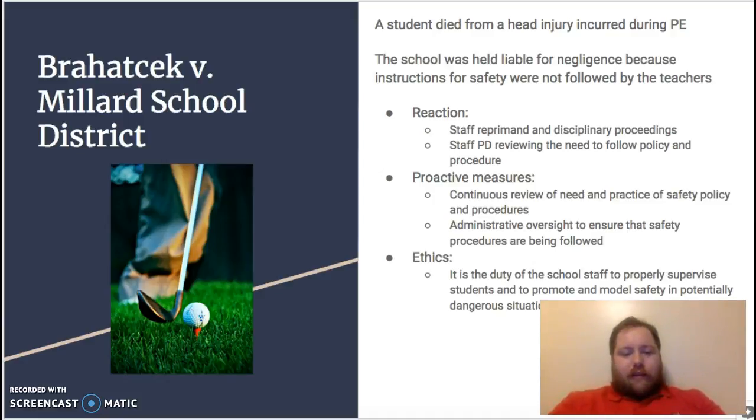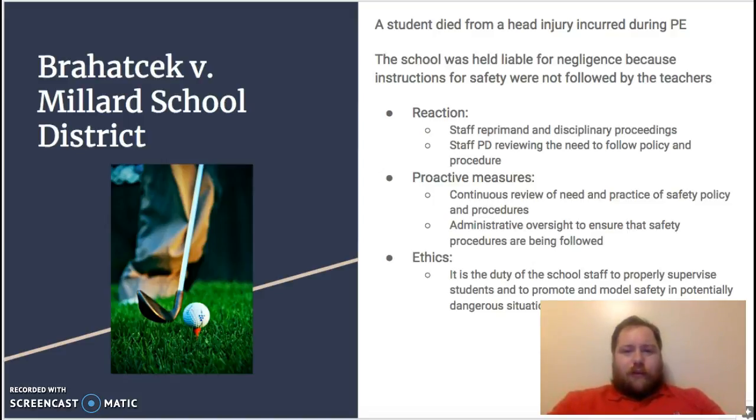In this case, during a PE class, they were doing a golf class, and a student was hit in the head with a golf club, was in the hospital unconscious, and later died from the injury. There were two teachers supervising about 50 students.